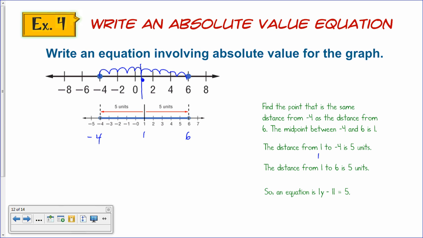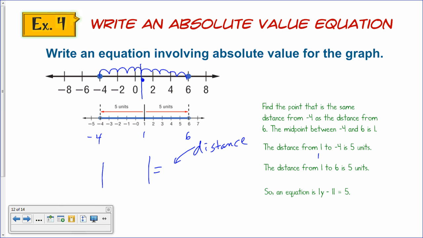Okay, so an equation that we can write is, start out with, what are those called? Absolute value. Start out with those. Put your equal sign. Okay, what's it got to equal? What goes here? That is the distance.